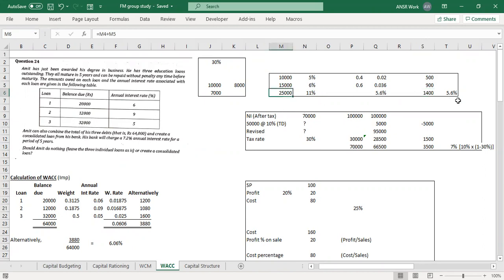The final effective rate of interest we calculated as 1,400 divided by 25,000, which is 5.6%. After this we will move directly to the question, and I'm not going to solve it. You are going to do it.